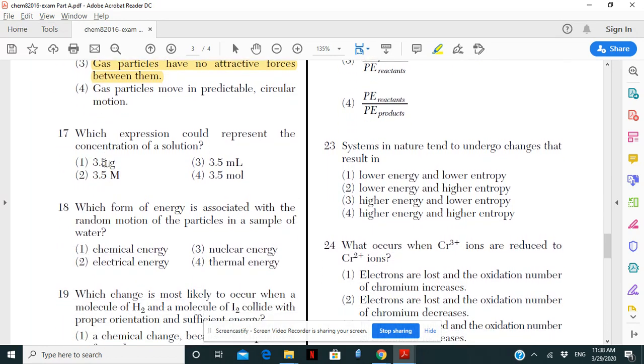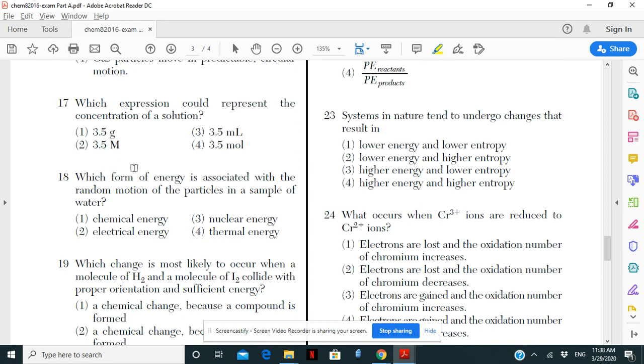Which expression could represent concentration of a solution? So when I talk about concentration, I have mass per volume or volume per volume, so I have a unit.